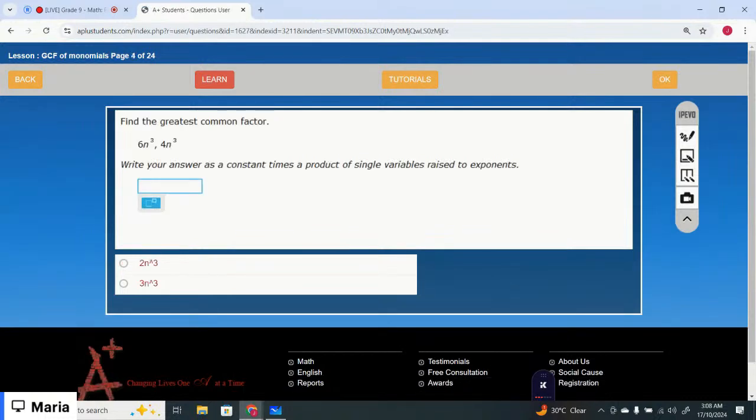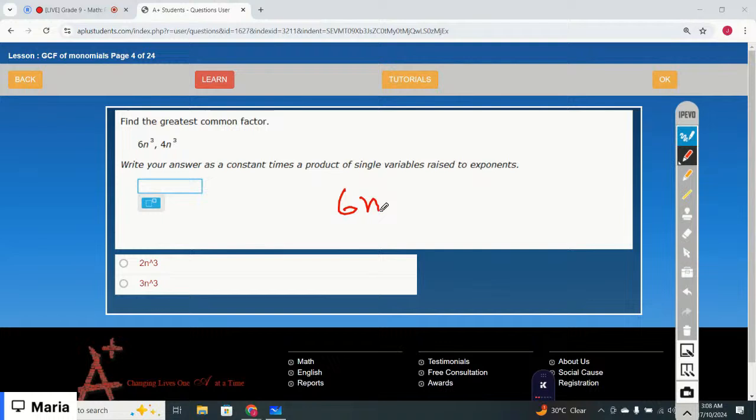Find the greatest common factor of 6n cube and 4n cube. So which is the GCF? You can write 6n cube and 4n cube as 2 times 3 n times n times n and 2 times 2 n times n times n.